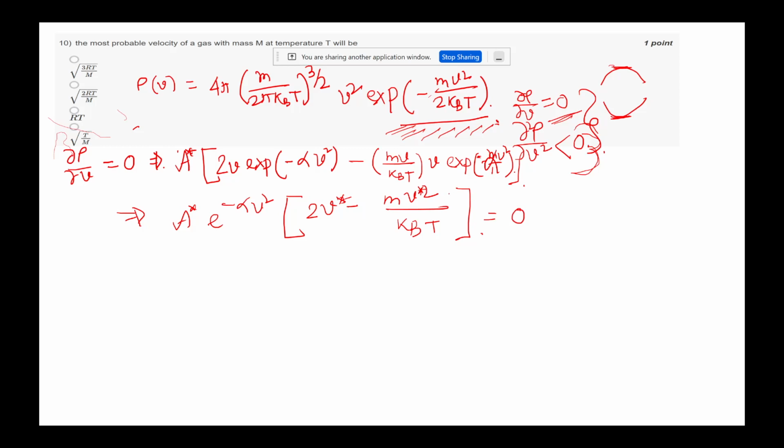We will not call it maximum or minimum. It is called an extremum, when the slope of a curve is 0. So for this v star set of values, this is 0. So we can say v is infinity. For that, it can be 0 because this is an exponential curve. So this is unphysical.